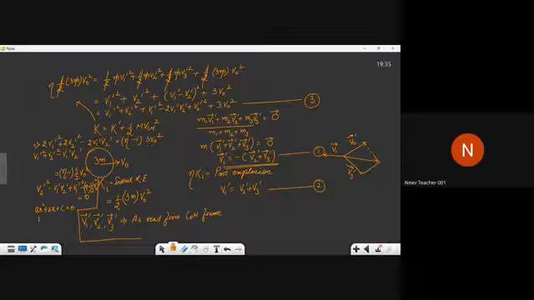So b square minus 4ac greater than or equal to 0. Apply and tell me. What is b over here? What is a? What is c over here? Tell me the equation, please.